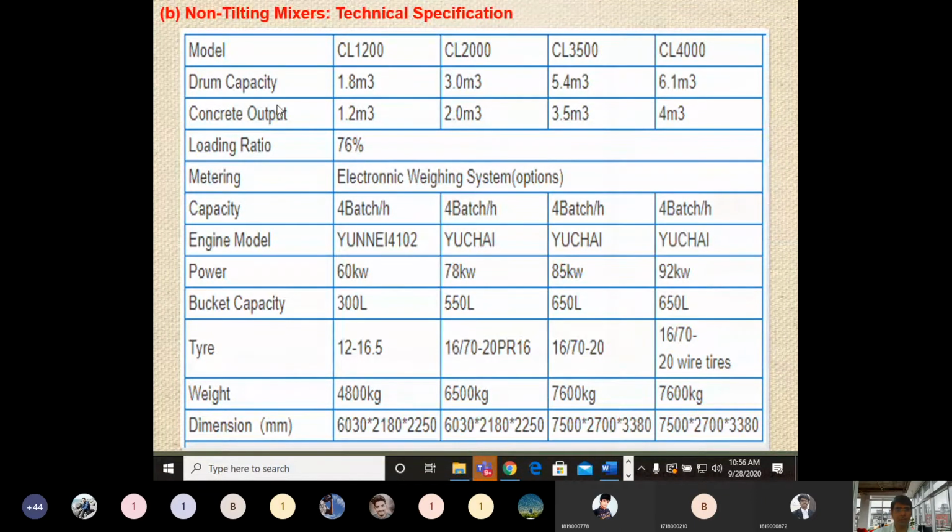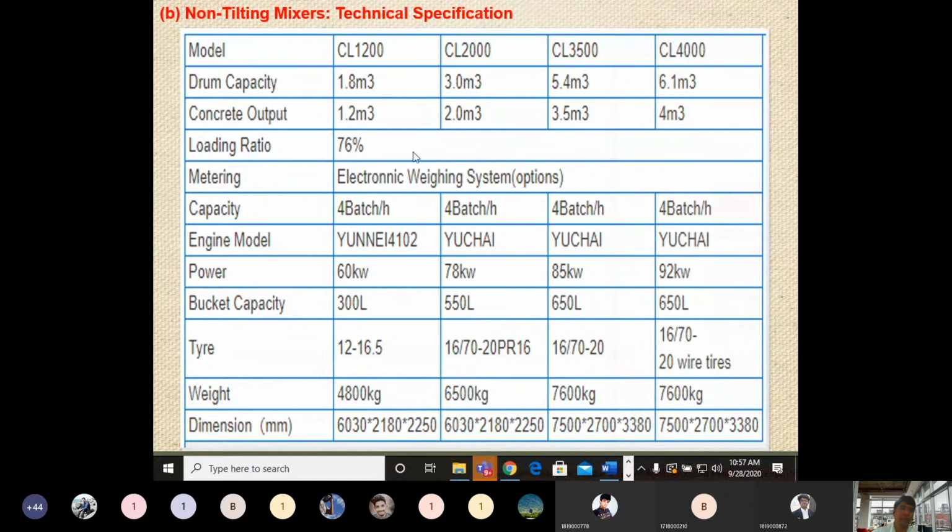So as the drum capacity increases, the power consumption also increases. Then we have the bucket capacity: for the first model 300 liter, then for the second model 550 liter, then 650 liter, and for the fourth model 650 liter. Then the tire and weight are also given, and the dimensions of all the models are given. So this is the technical specification.